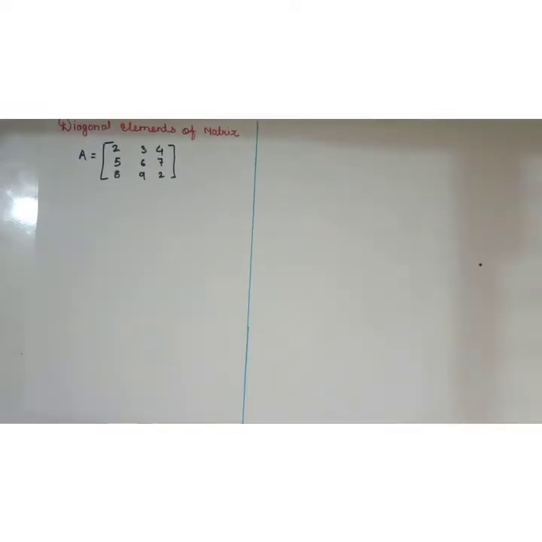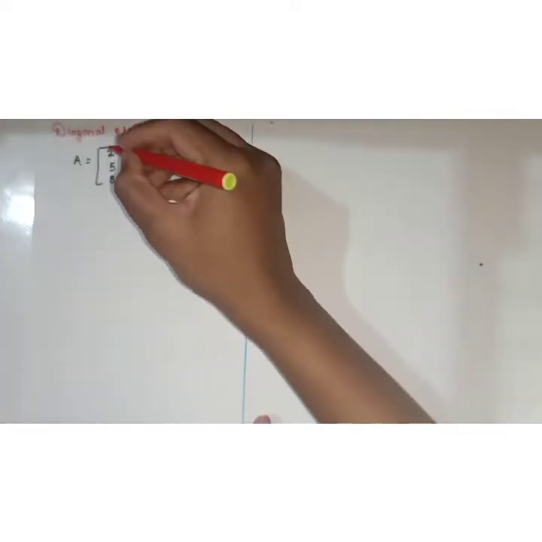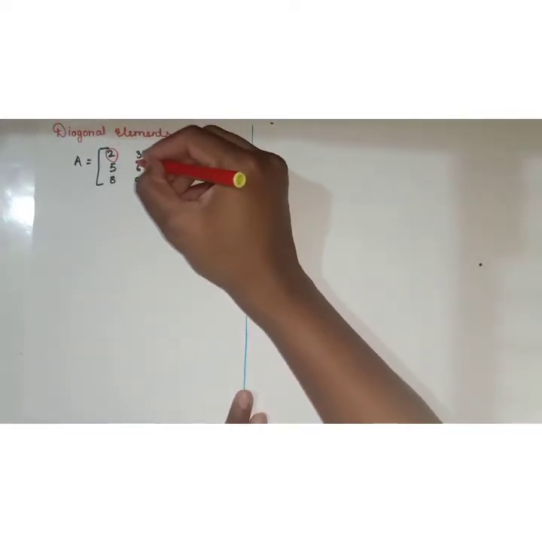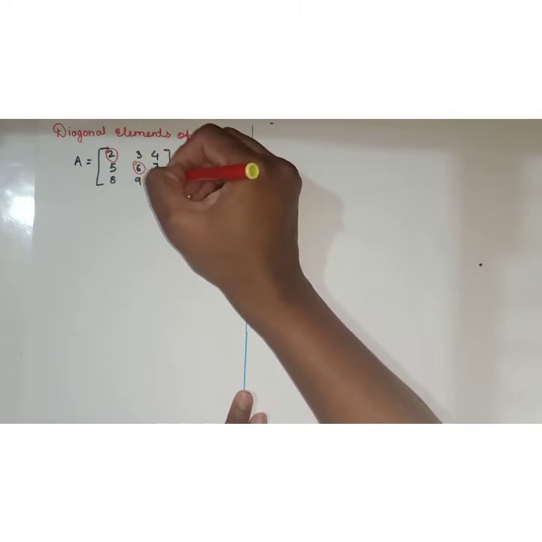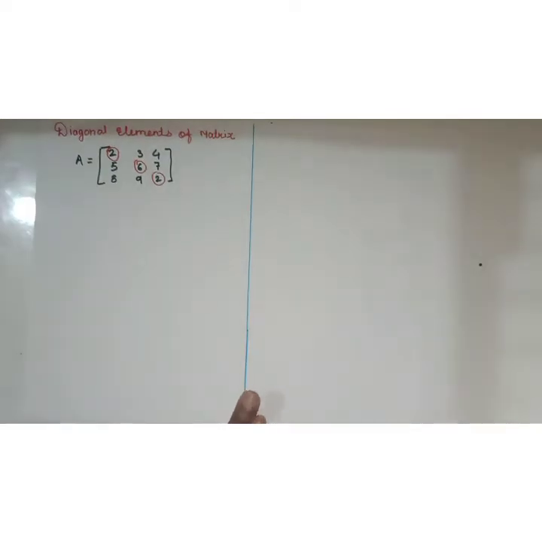In this matrix, the diagonal elements are this 2, 6, and this again 2. The elements which fall diagonally are called the diagonal elements of the matrix.